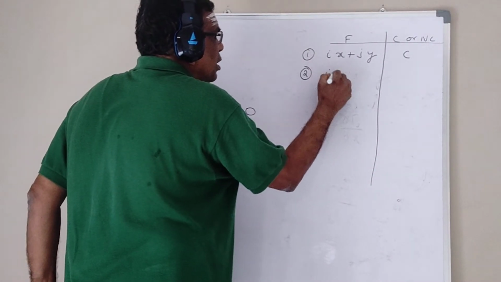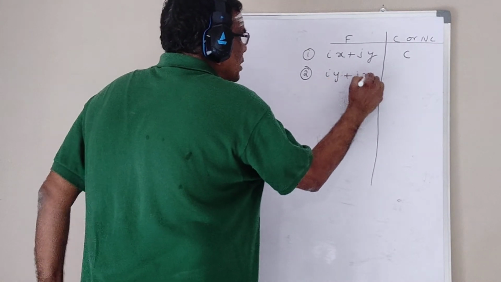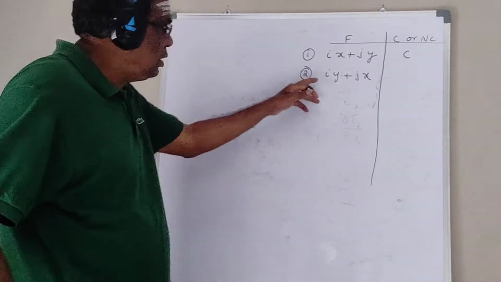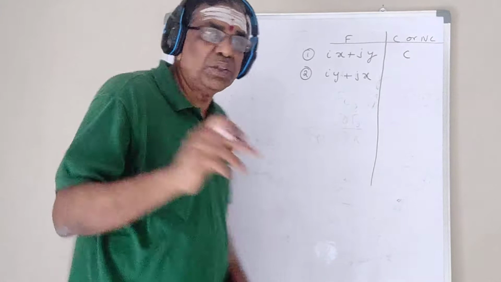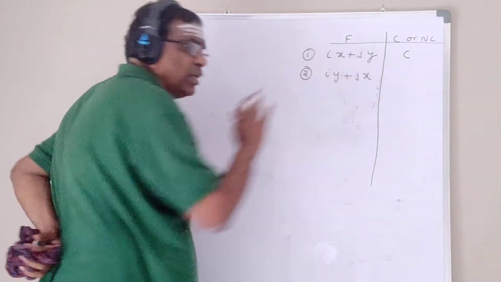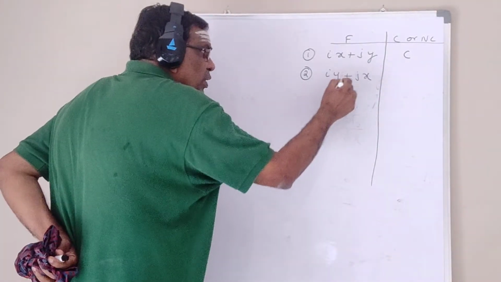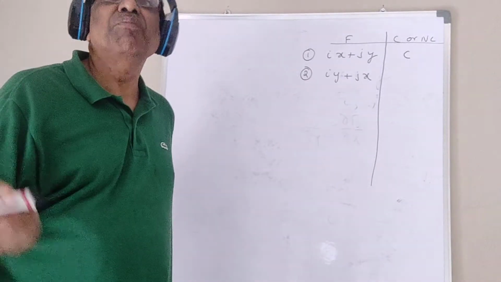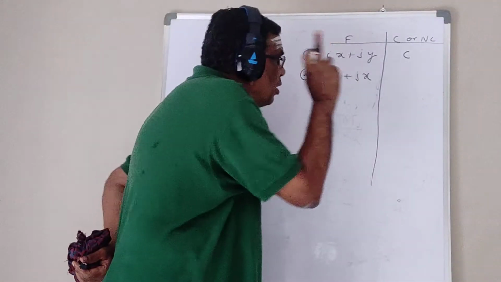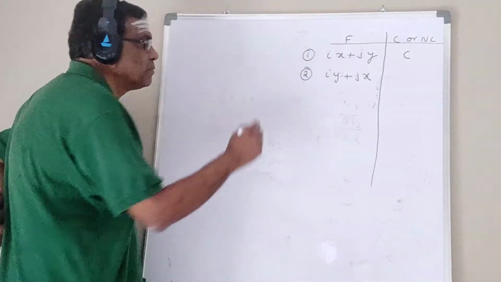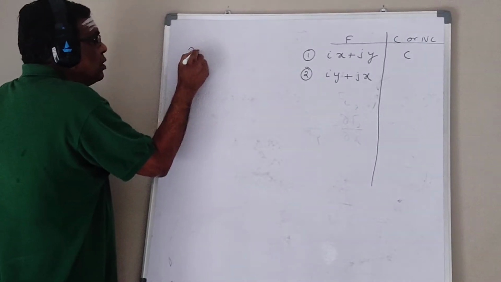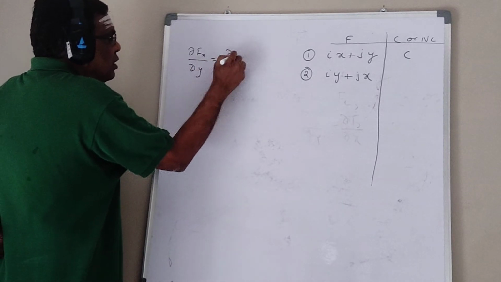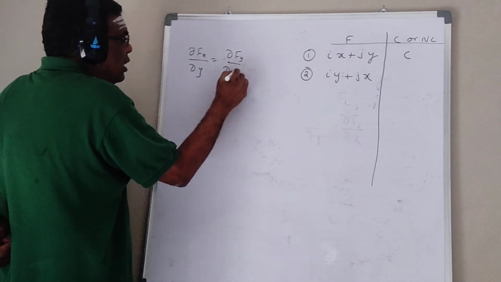Second example, i y plus j x. Is this force conservative? What should we do? It is in the xy plane. So differentiate the first parameter with respect to y, and the second parameter with respect to x: ∂f_x/∂y and ∂f_y/∂x.